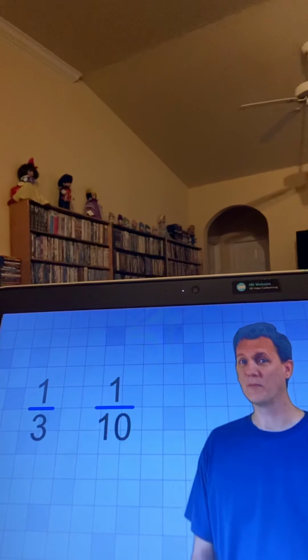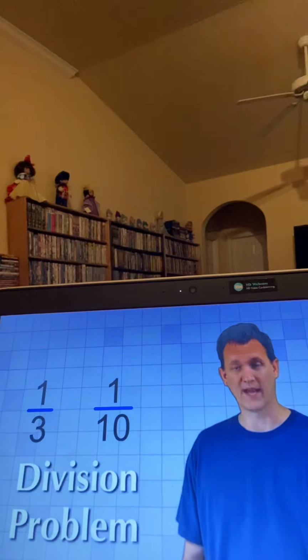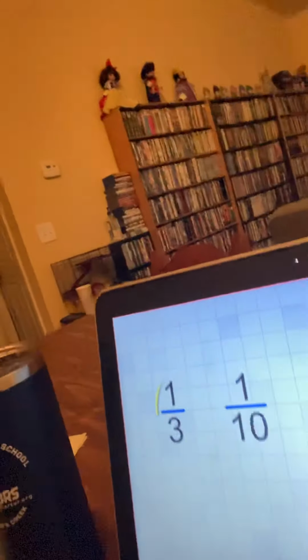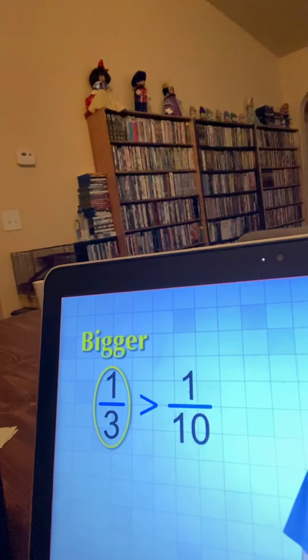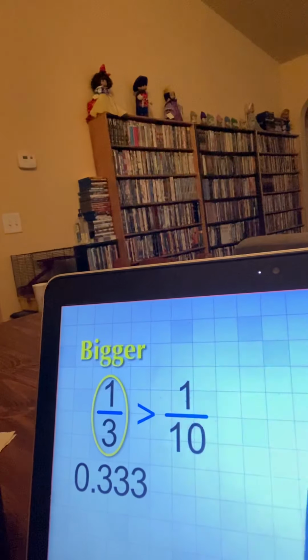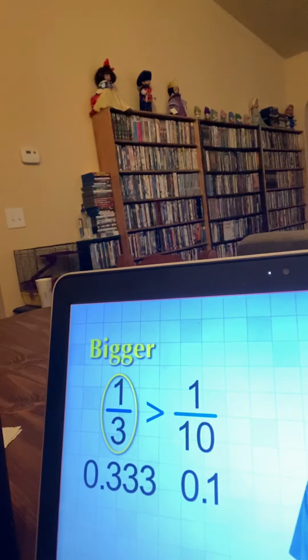But we need to remember that the fraction is really a number written like a division problem, and its value depends on that division. So in this case, 1 over 3 is really the bigger fraction because its decimal value, what you get when you divide, is 0.33333. But the value of 1 over 10 is only 0.1.